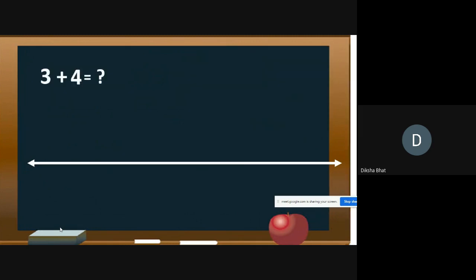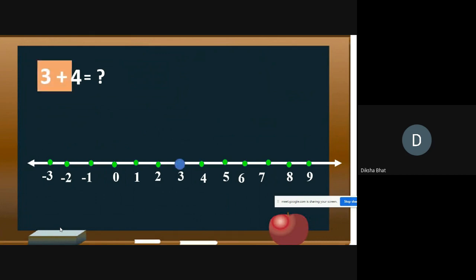Similarly, let us solve one more problem. For addition of integers, first draw a number line. Here, which is the first integer? Plus 3. Yes. Since it is a positive integer, we move 3 places from 0. By doing this, where would we reach?